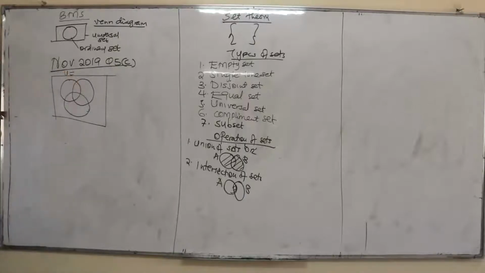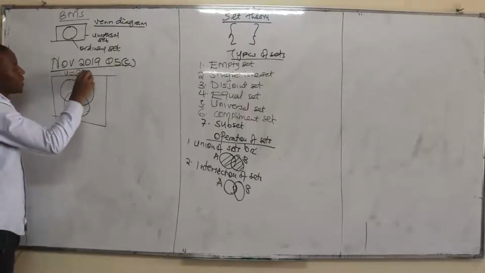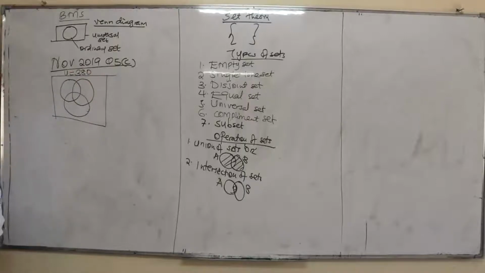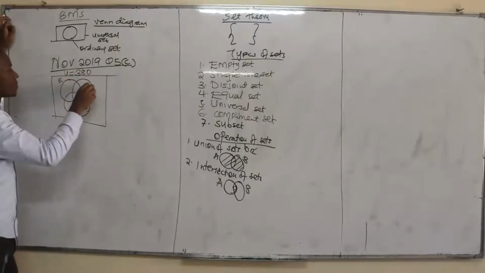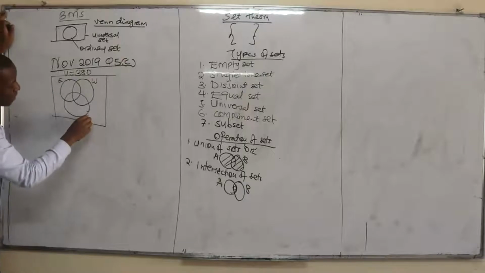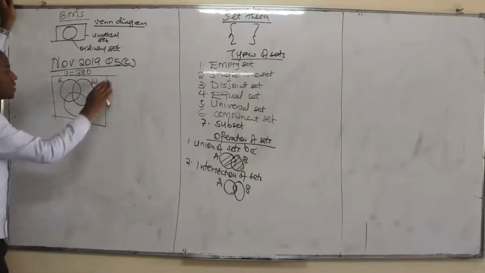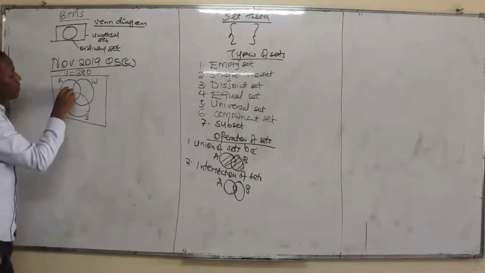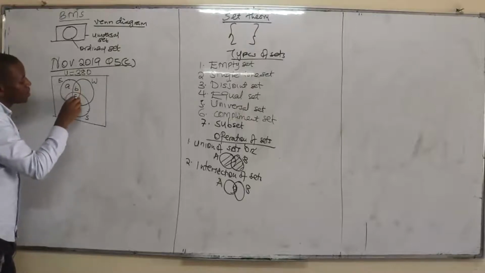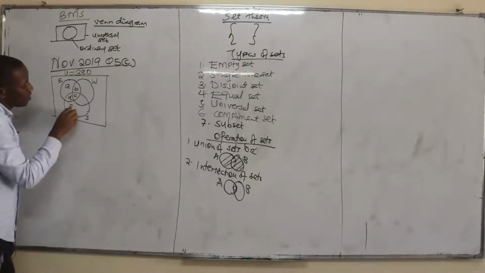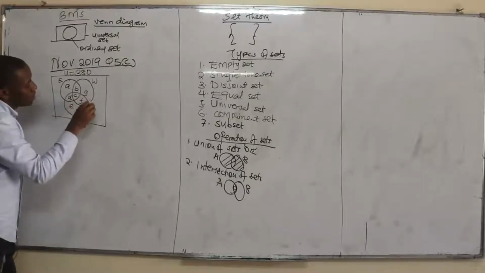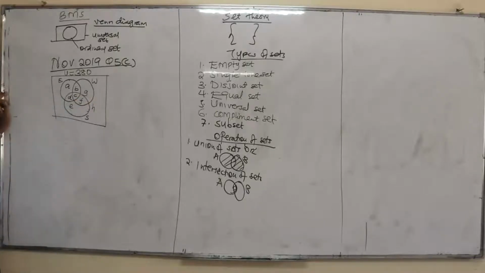And the members of interest to the researcher in this case are how many? 380. So this is for the Eastern, this is for the Western, and this is for the Southern. Then you come and number them: A, B, C, D, E, F, G, and H, which is those who did not come from any of these three regions.